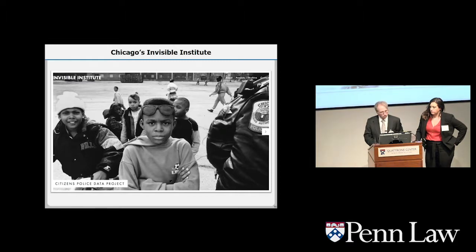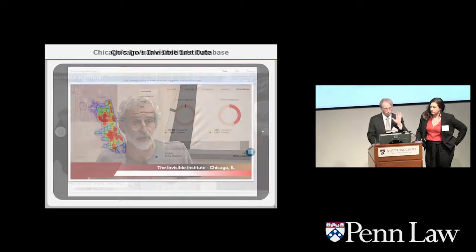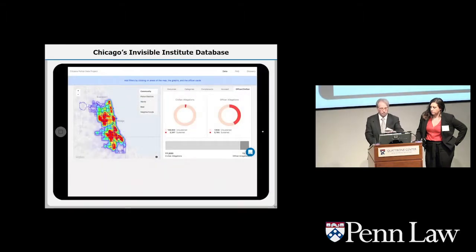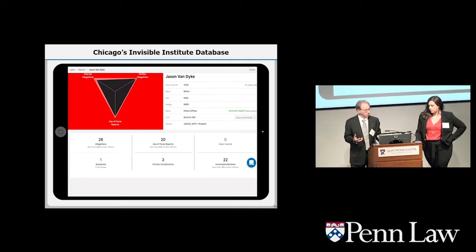In the Invisible Institute in Chicago, I told you about the great work of Jamie Calvin and Craig Futterman in putting this together. There it started with the public database. It's very pretty, you go to the Citizens Database at the Invisible Institute and you'll see it right away. Now, this is Jason Van Dyke. When they put together this database, and they're a group of journalists and academics, they began to discover information.